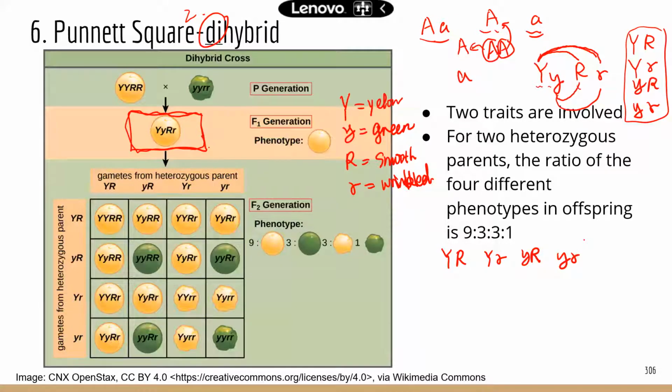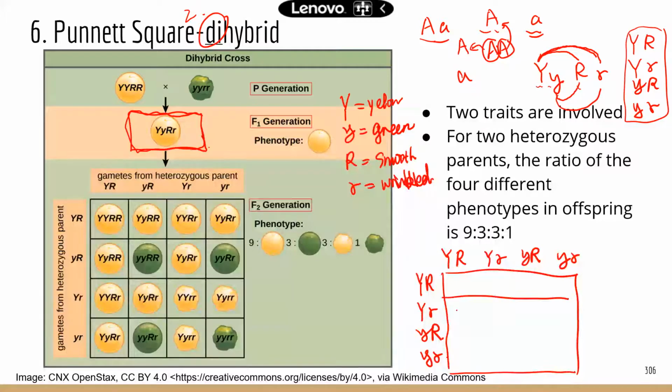This is for parent 1, and parent 2, who has the same genotype, is going to have the 4 same gamete genotypes.